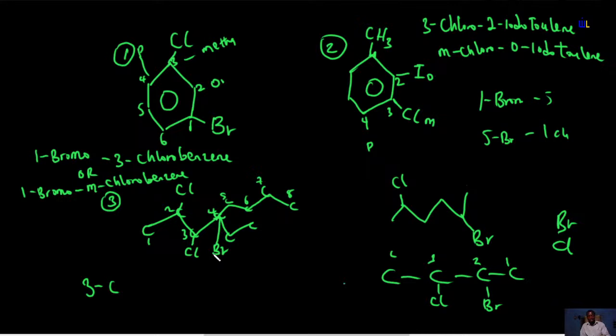Oh no, bromine first. The substituents here are bromine, chlorine, and ethyl. So this is going to be 4-bromo, 3-chloro, 4-ethyl octane. Okay, so let's review our answer.